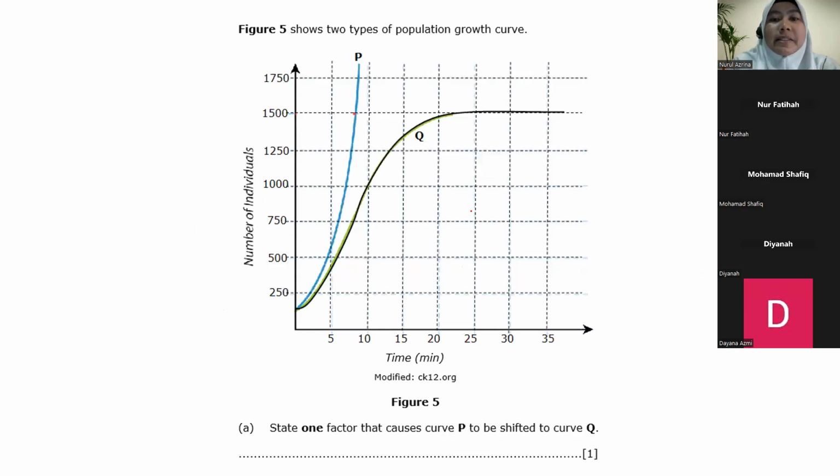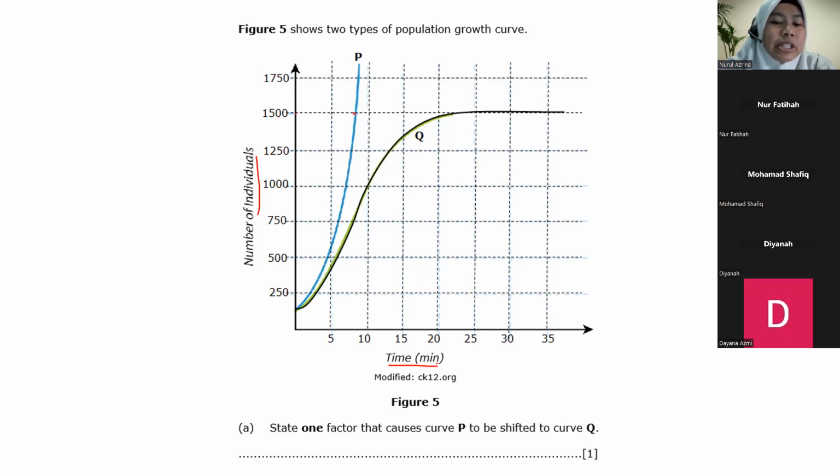Alright. Next question. You have two curves, P and Q. P is J shape, right? You can see the shape there. And Q is an S shape curve. You have number of individuals versus time in minutes in this case.